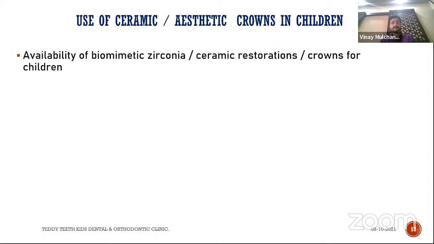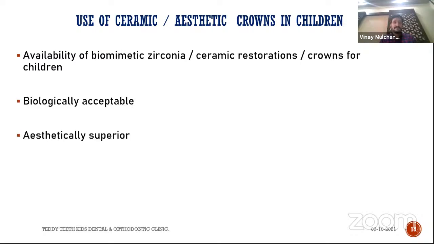Now, coming to the next topic that has changed over the years in pediatric practice: the use of ceramic and aesthetic crowns. As I mentioned earlier, these have been used vastly in adult patients, but now, with availability for pediatric patients, it is another option that we can give, and they are far more tissue friendly.